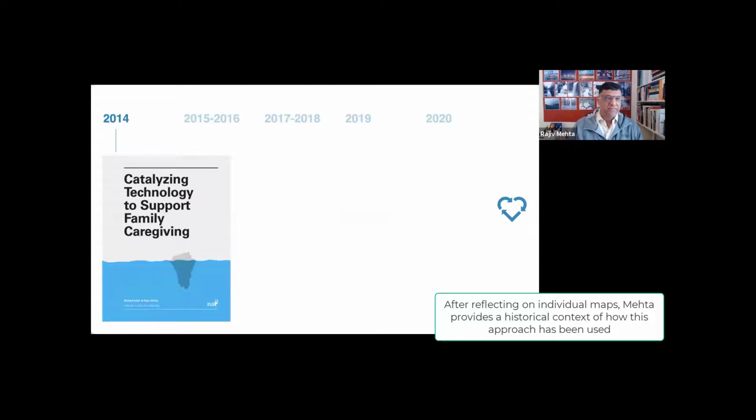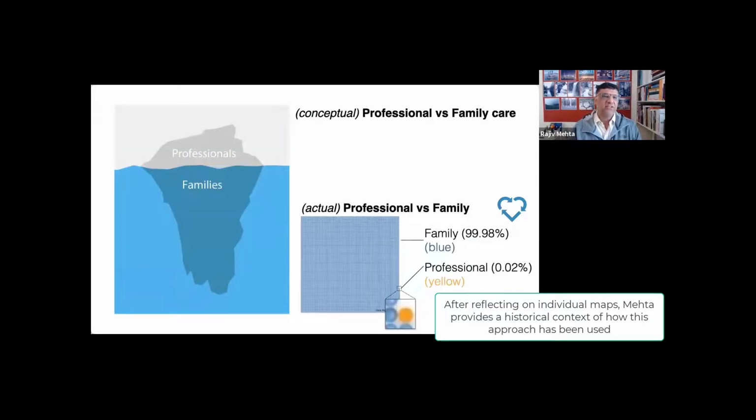And this was a report that we published, and the report cover with the iceberg was emphasizing one really important point that we wanted to make, which was essentially that families do a lot more to care for people than professionals do. Now, you should know that this is a really bad, unscientific drawing of an iceberg.